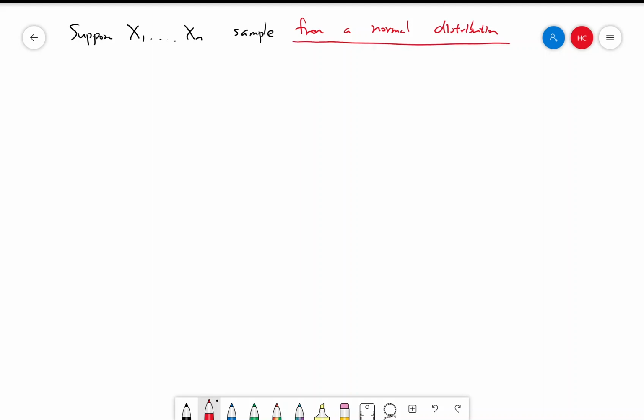Suppose we have a sample from a normal distribution with population standard deviation sigma, and let S, usually Sx, be the sample variance or standard deviation.